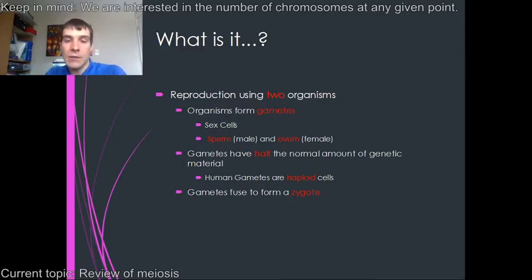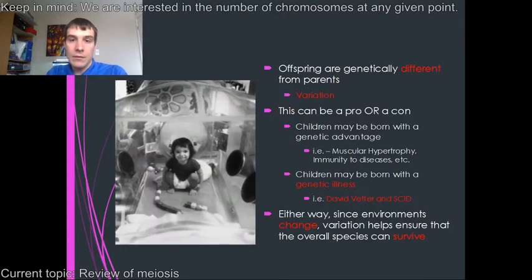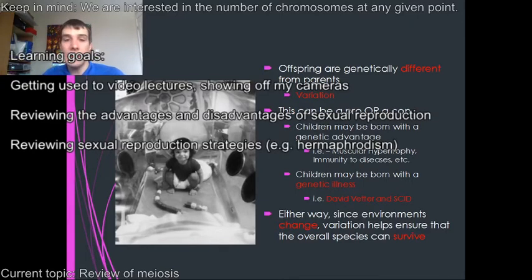So you get 1 set from mom and 1 set from dad. All right, offspring are different from parents. This is in line with our learning goal. Just as a reminder, our second learning goal is to review the advantages and disadvantages of sexual reproduction. So this part here says, this can be a pro or a con.